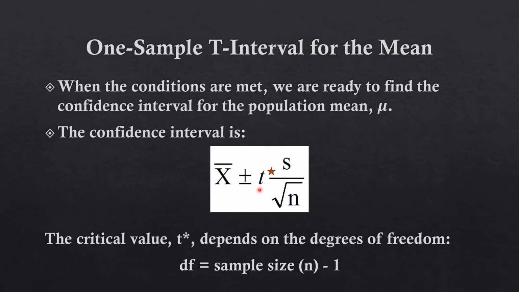No longer z star, it's going to be t star, which is very closely related, times our sample standard deviation divided by the square root of n. And the critical value t star, like I said before, is going to depend on the number of degrees of freedom, which is really easy to find. It is just your sample size, or n, and then you subtract 1.